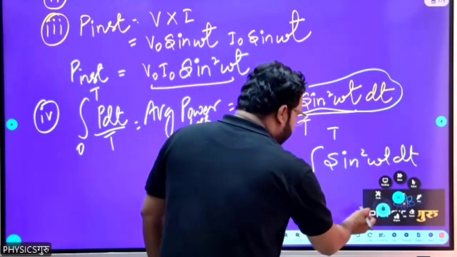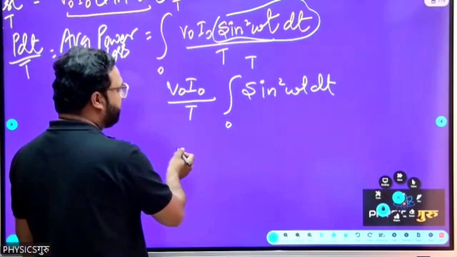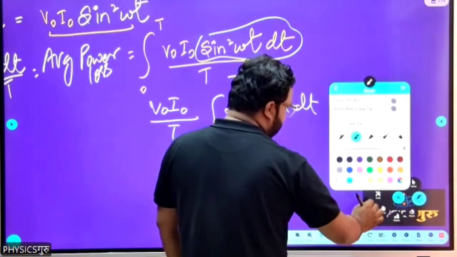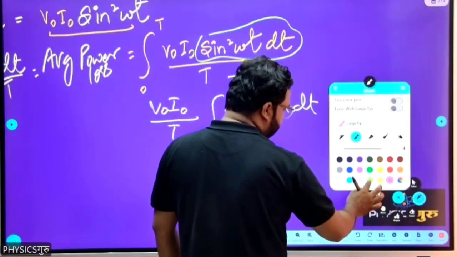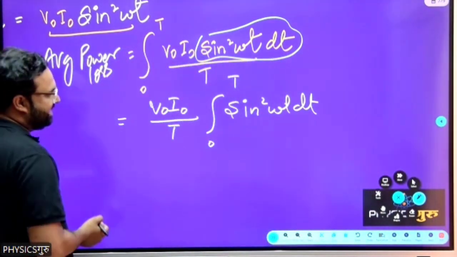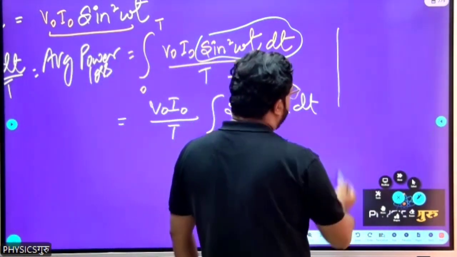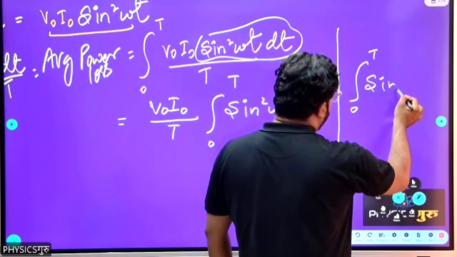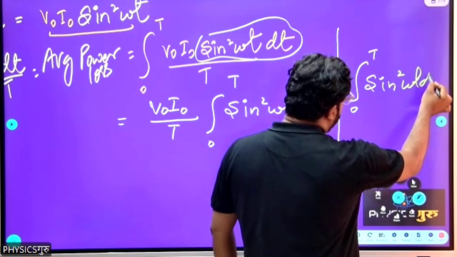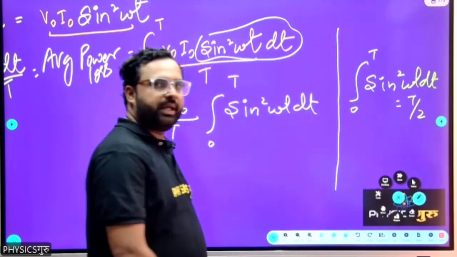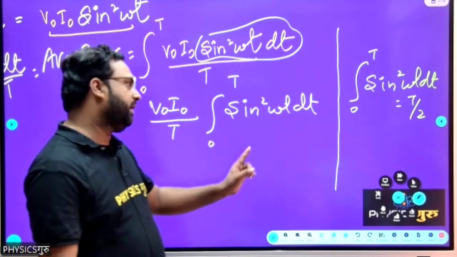It is very important to note, this is a property of definite integration. The property says that integration from 0 to T of sine square omega t dt is basically T by 2.